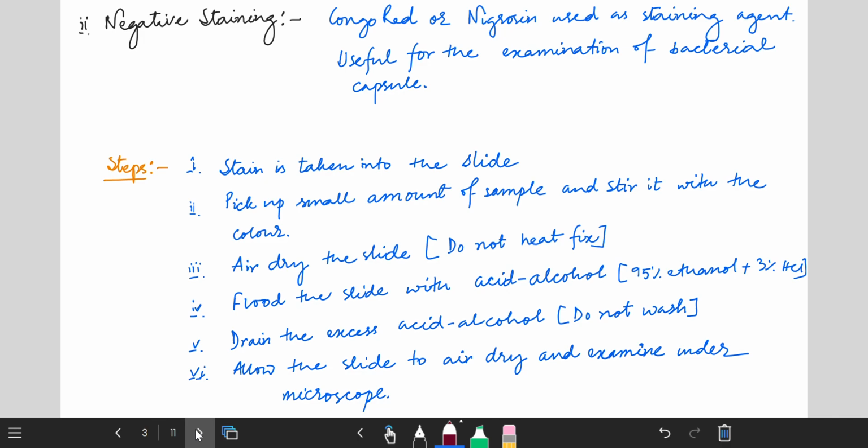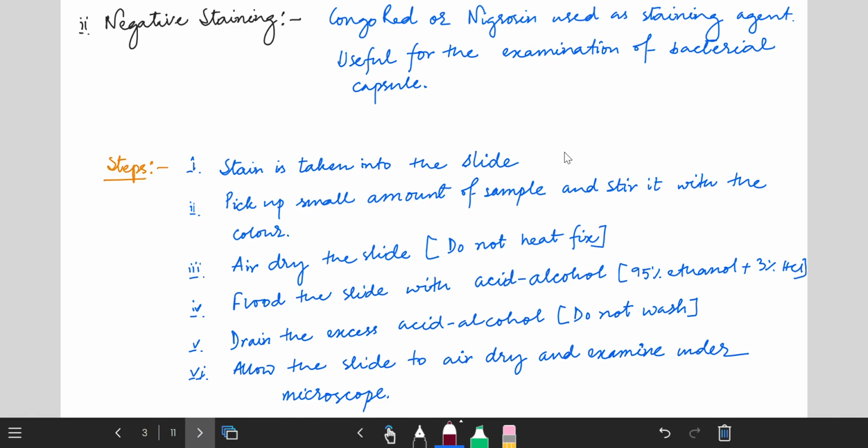Do not heat fix. After that, flood the slide with acid alcohol, which is composed of 95% ethanol and 3% acid. Then drain the excess acid alcohol. Do not wash, obviously. Then allow the slide to air dry and examine under the microscope.